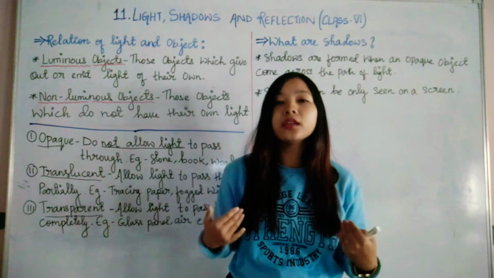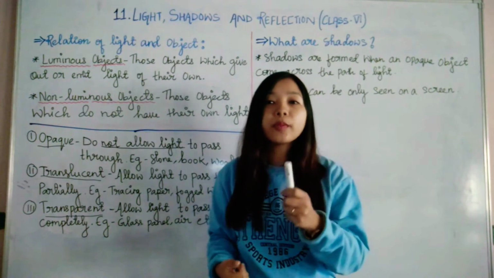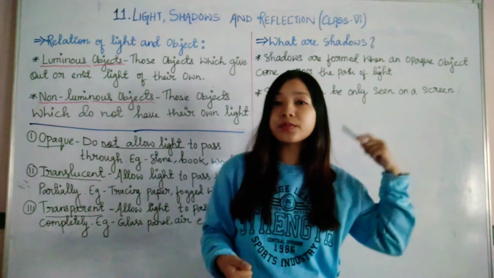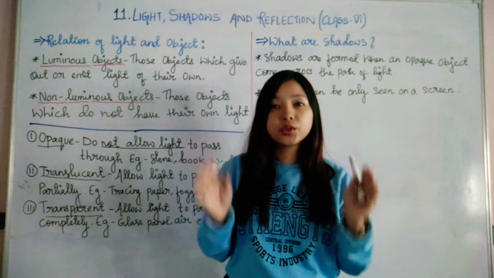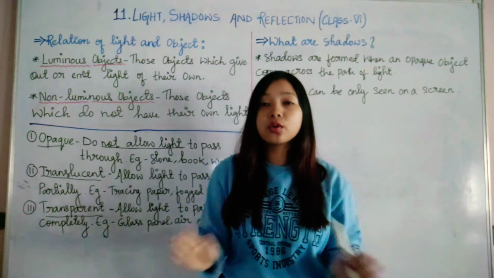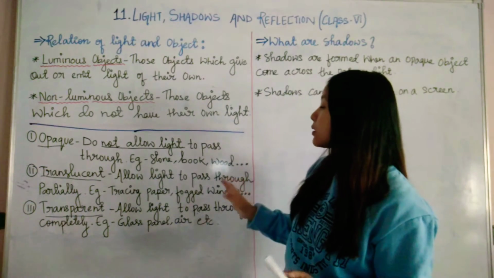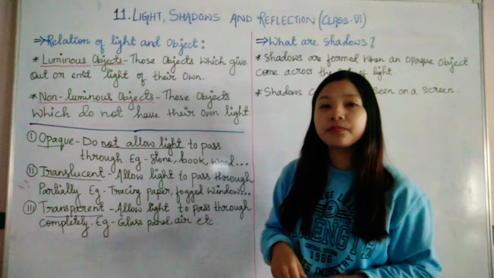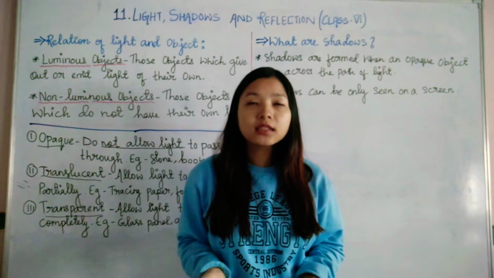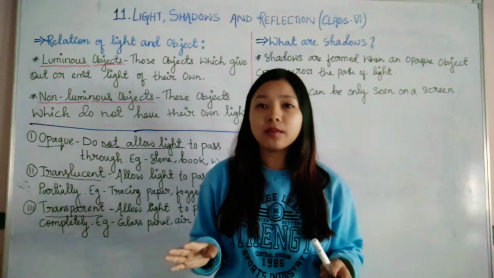That is why I am an opaque object and you will not be able to see what is behind me. Some examples are stone, book, wood, our body, wall, door. There are many examples.